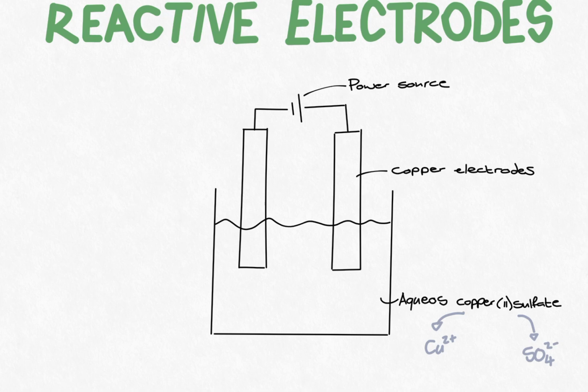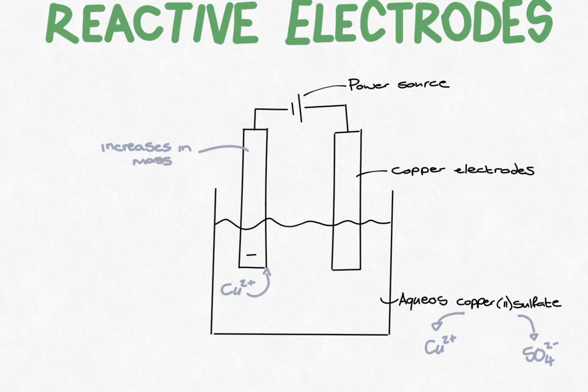Now our aqueous copper 2 sulfate will be able to dissociate into copper 2 plus ions and sulfate 2 minus ions. The copper in our electrolyte will move to our cathode, which is our negatively charged electrode, and it will cause copper to deposit here, meaning that our cathode would increase in mass.